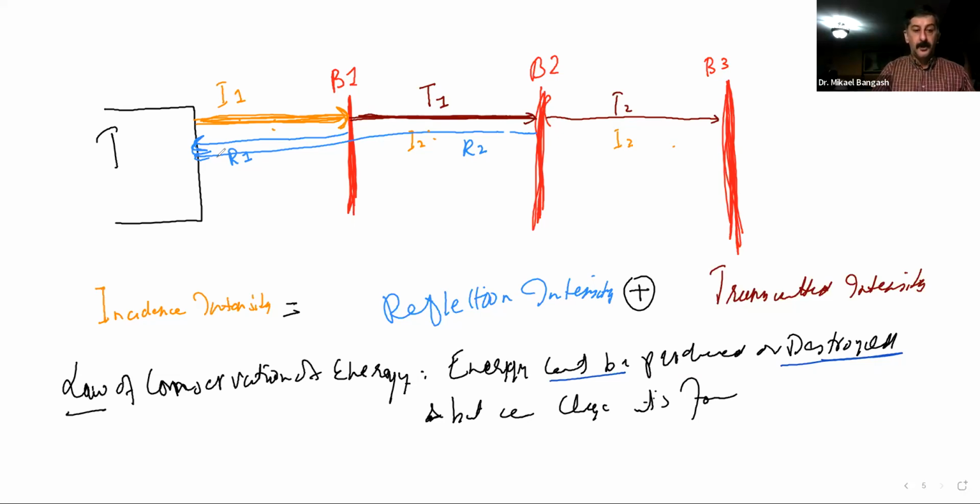Right. So the incidence's intensity is always going to be equal to the sum of the intensity of the reflection and the intensity of the transmitted energy. Did that make sense?